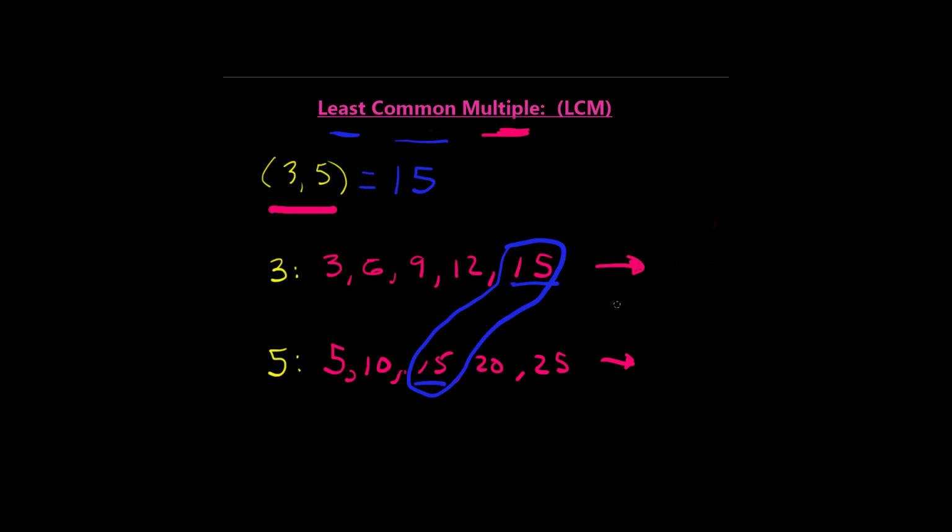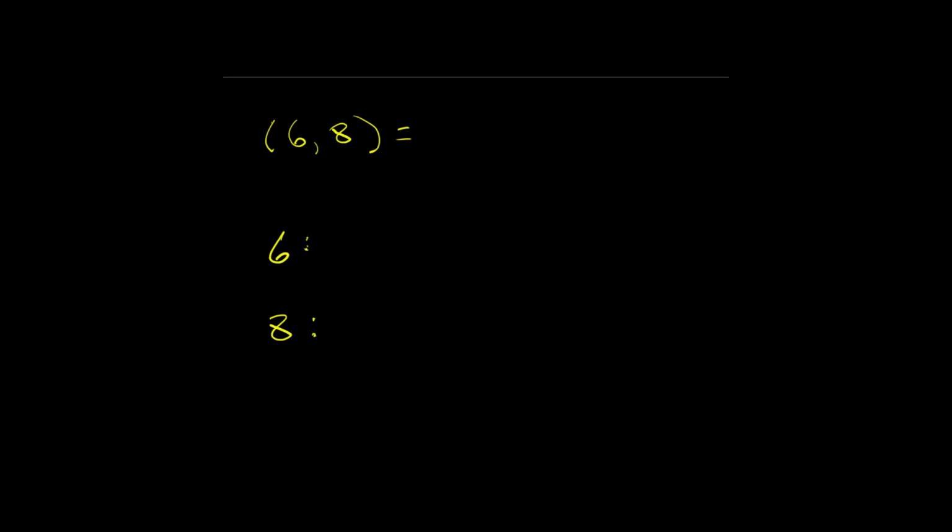So let's take a look at a couple more examples just to get the hang of this. All right, our next problem has the numbers 6 and 8. Now, some people are taught a trick to multiply the 6 times the 8 together as a shortcut, and then you'd think that your least common multiple is 48. But that trick does not always work, and we're going to show you how that doesn't work with this example.